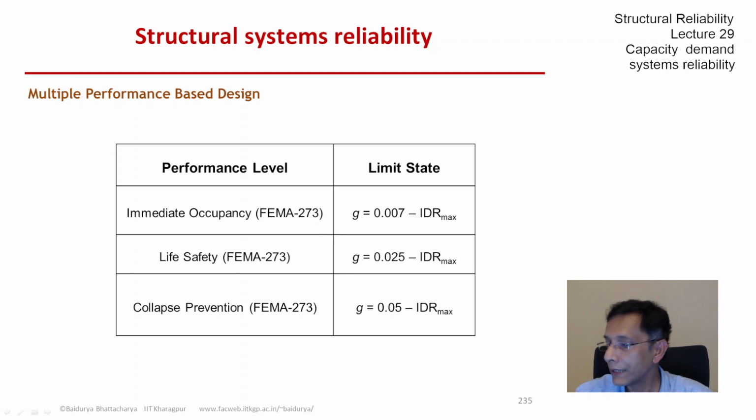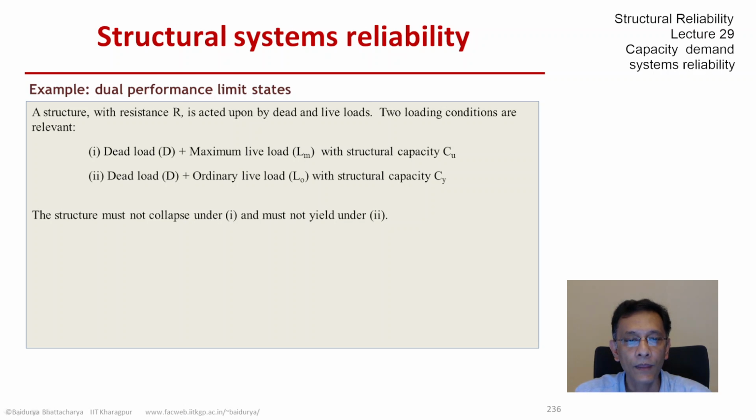So with these in mind, we can define a very small example, and let's see if we can learn something from this. Let's say we have a structure which is acted upon by 2 sets of loads: dead and maximum live load, and the second being dead and ordinary live load.